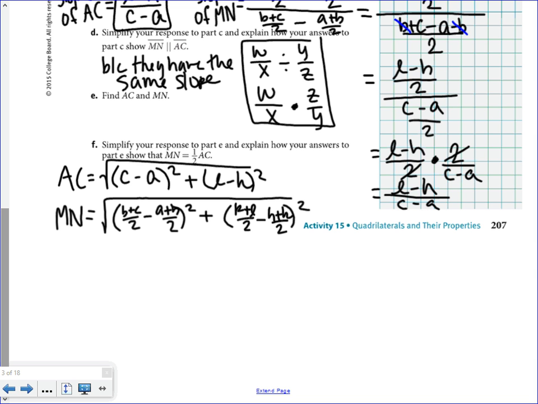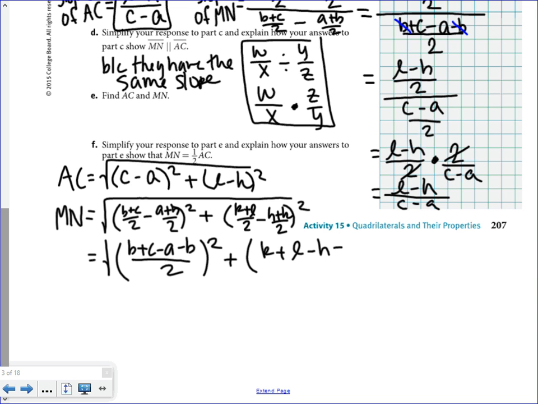And so by the same logic, whenever you simplify, B plus C minus A minus B, and K plus L minus H minus K over 2.